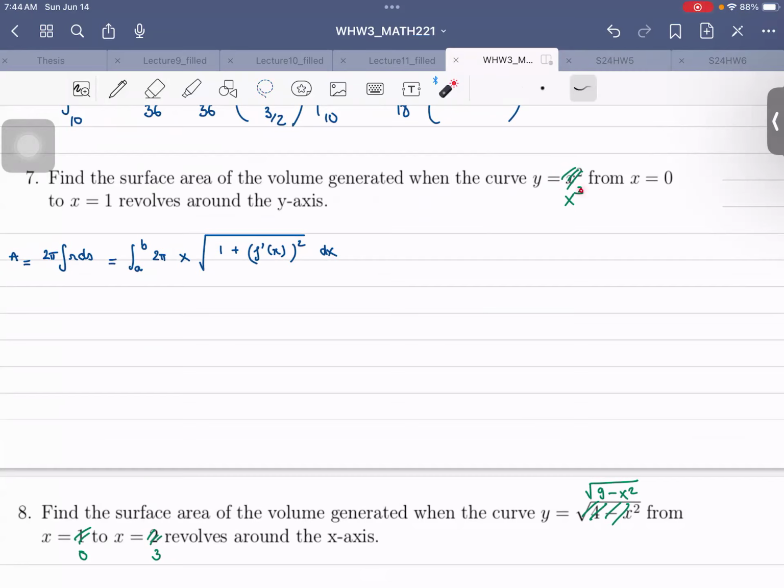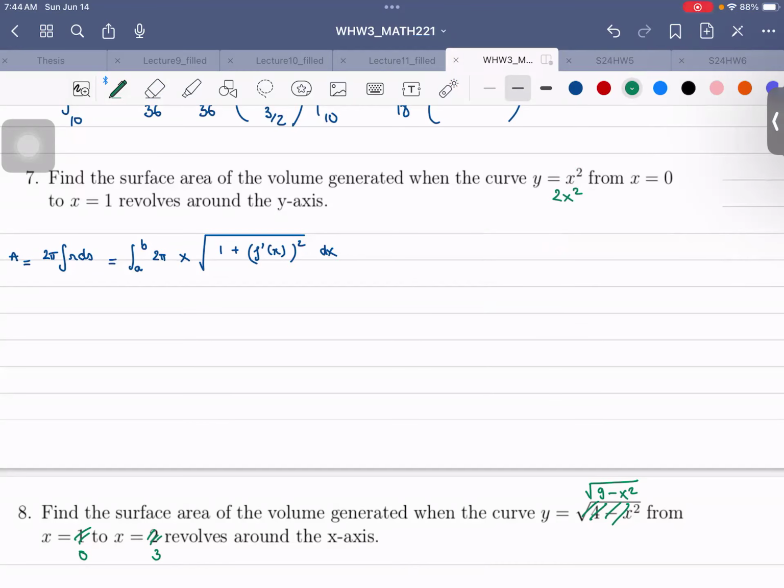Let me do the manual calculation so that I can have the better questions. Let me use 2x squared, for instance.